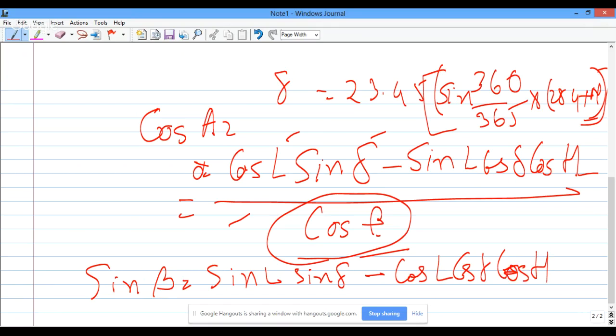And this, in fact, we have derived from the fundamentals, from spherical trigonometry. So I think that is the answer to that question. And once you have found out the azimuth angle and the wall azimuth is known, the difference between these will give you the wall solar azimuth angle.